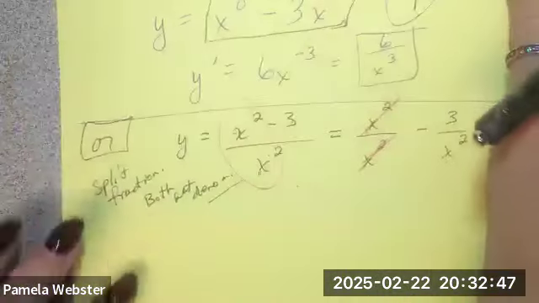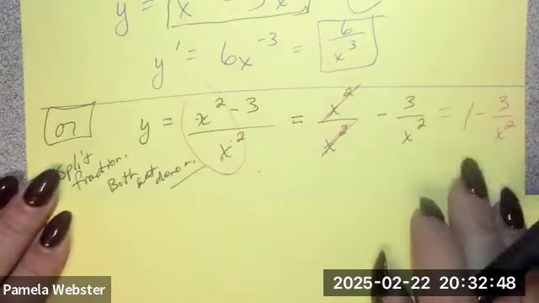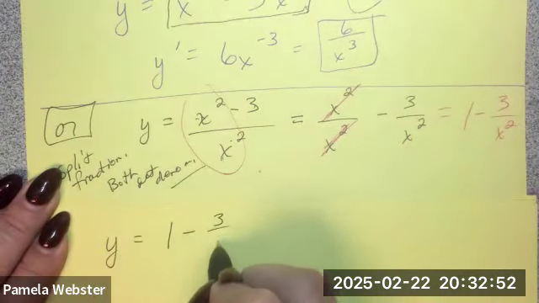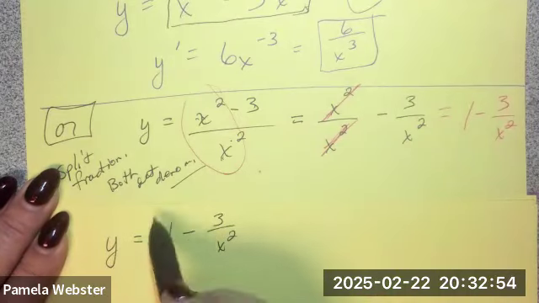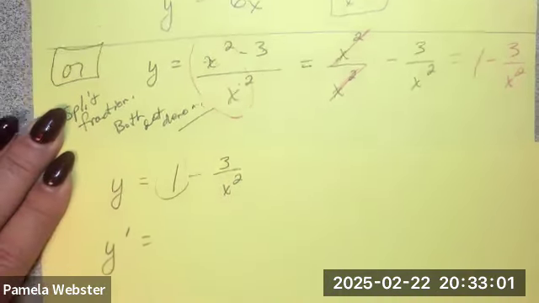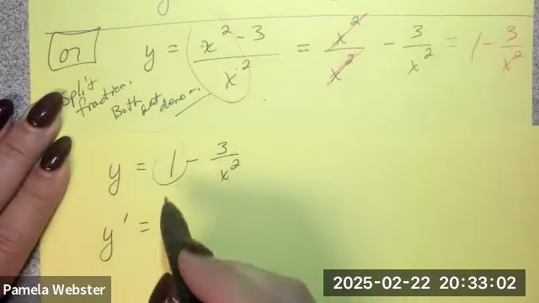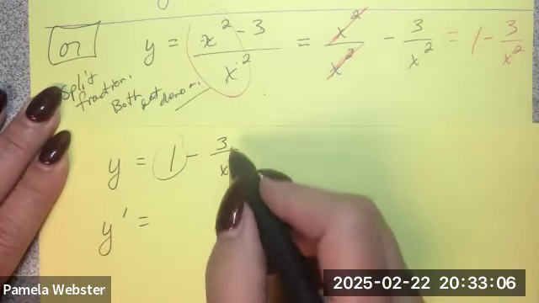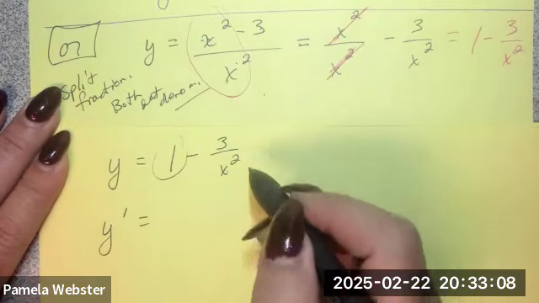Let me put this up here. If my y was 1 minus 3 over x squared, then I can do this piece by piece. y prime equals, take the derivative of the constant. That's a 0. You can do this one any way you want to. Let's do this bit right here by the quotient rule.